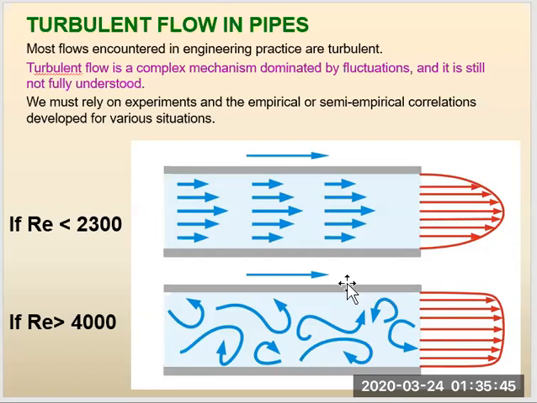In turbulent flow, the swirling eddies and vortices transport mass, momentum, and energy to other parts of the flow much more rapidly than the molecular diffusion mechanism that we have in laminar flow, greatly enhancing mass, momentum, and heat transfer. So we have better heat transfer, momentum transfer, and mass transfer in turbulent flow than laminar flow.